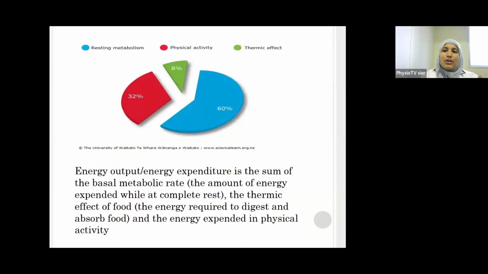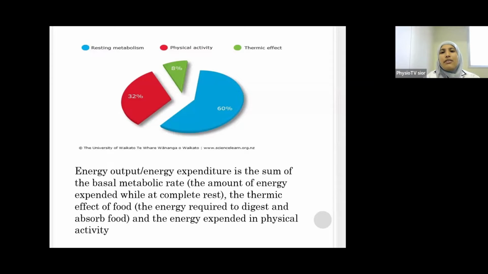Now, if we are talking about intake, then there will be outputs also. So our body has three major components where it will use the energy which you have input in the form of food. The three components of energy output are resting metabolism, which is a major chunk of 60% out of the 100%, then physical activity, which is 32%, and the thermic effect, which is only 8%. Resting metabolic rate is the amount of energy that your body needs when you're at complete rest. So that is the major chunk, 60%.